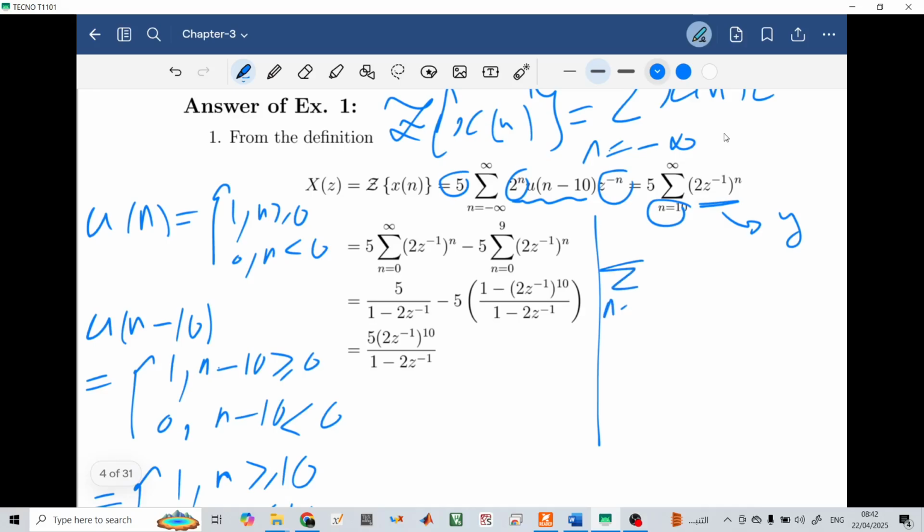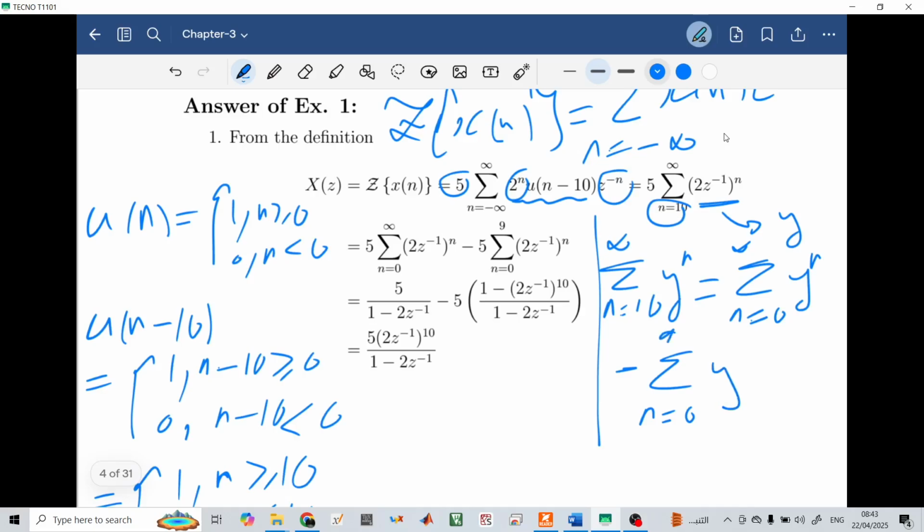So from 10 to infinity y to the power n equals what? Equals the infinite series starting from 0, right, minus the first 9 terms, right? So here the counter goes from 0 to 9, right?